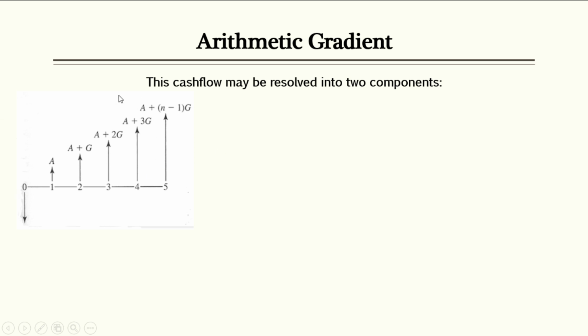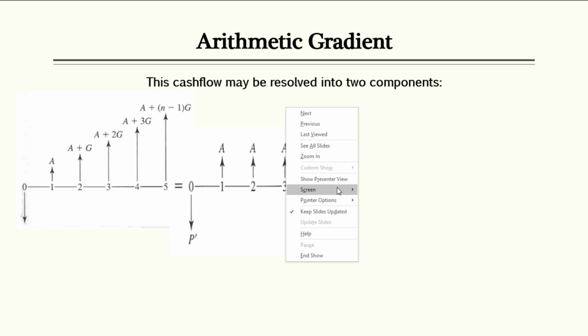So, itong cash flow diagram na to, para ma-solve natin to, kailangan nating hatiin into two components. So, ganito siya. So, ito yung unang component kung saan gagawin natin siyang ordinary annuity.